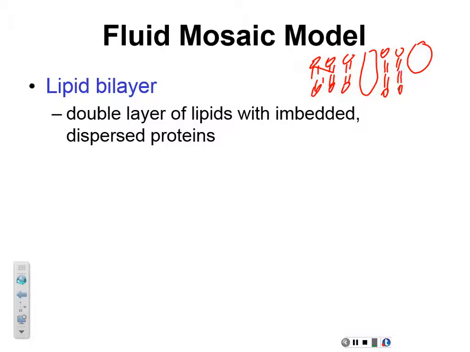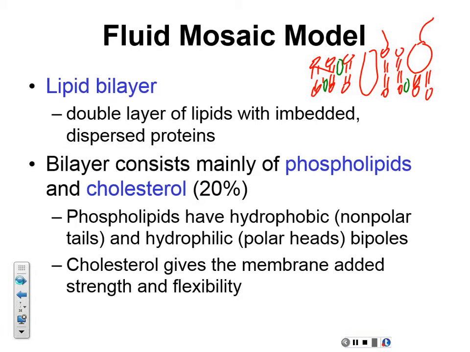And then we have the glycolipids and glycoproteins, marker cellular proteins. Another thing you have in there, wedged in with the hydrocarbon tails, is cholesterol. About 20% of the plasma membrane is cholesterol.